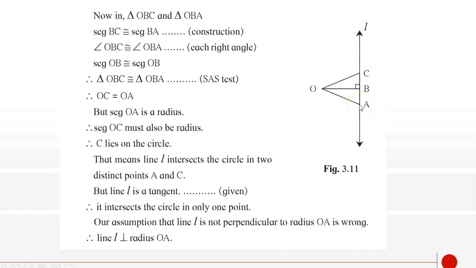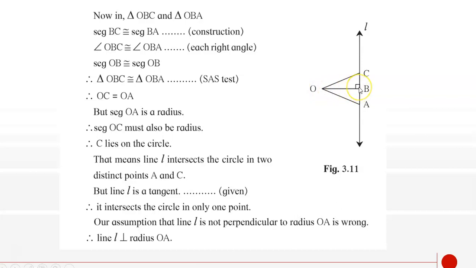So let us begin. In triangle OBC and triangle OBA, I have BC equal to BA, on the basis of construction. And angle OBC is equal to angle OBA because OB is perpendicular to L, so both are 90 degrees.